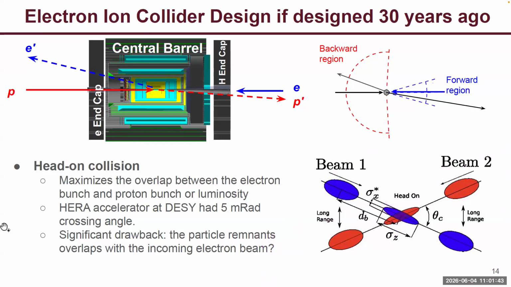Look at the overlap. You see the beams are not completely overlapping because they are actually oblong. They're not circular, right? If you overlap this, you basically only have a 50% probability that they will actually interact, right? So how do we maximize this?